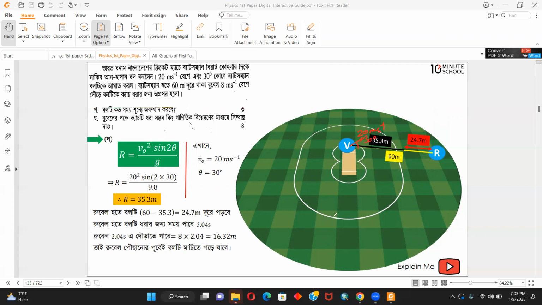Now the first question is: how much time will the ball stay in the air? So what was the formula for capital T, the total travel time? Do you remember?